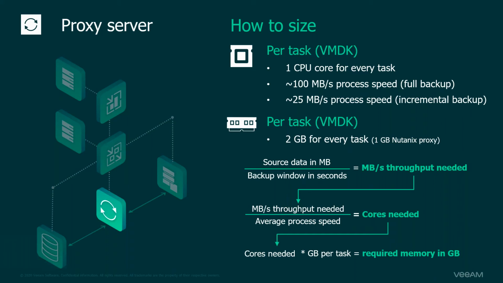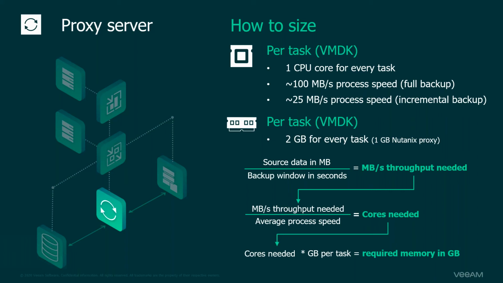Then we can take the number of cores and multiply that times the gig per task, let's say 2 gig, because we're going to do Windows proxies here in a vSphere environment, and that will tell us how many gigabytes of RAM we're going to need. So again, per task is per VMDK. It's not per job when we're talking about proxy servers.